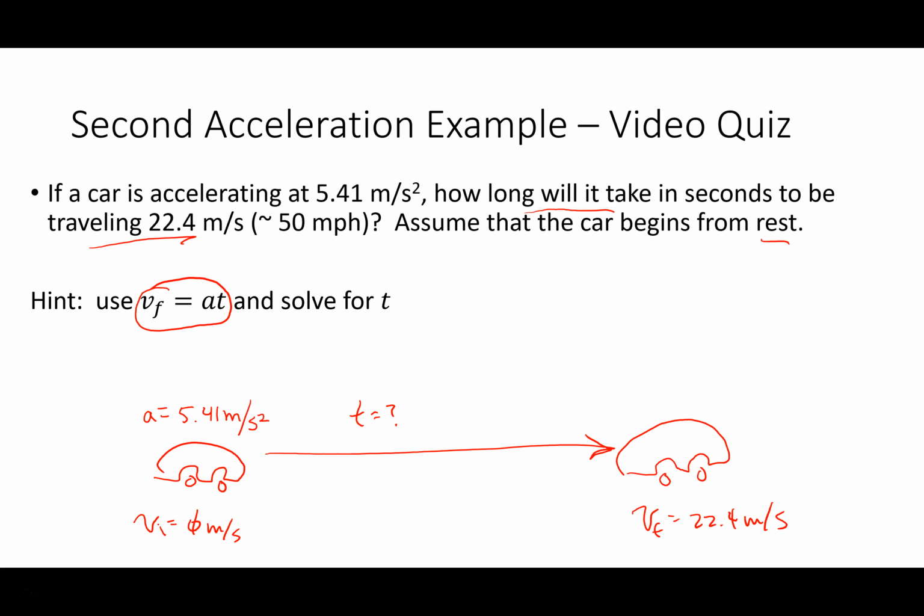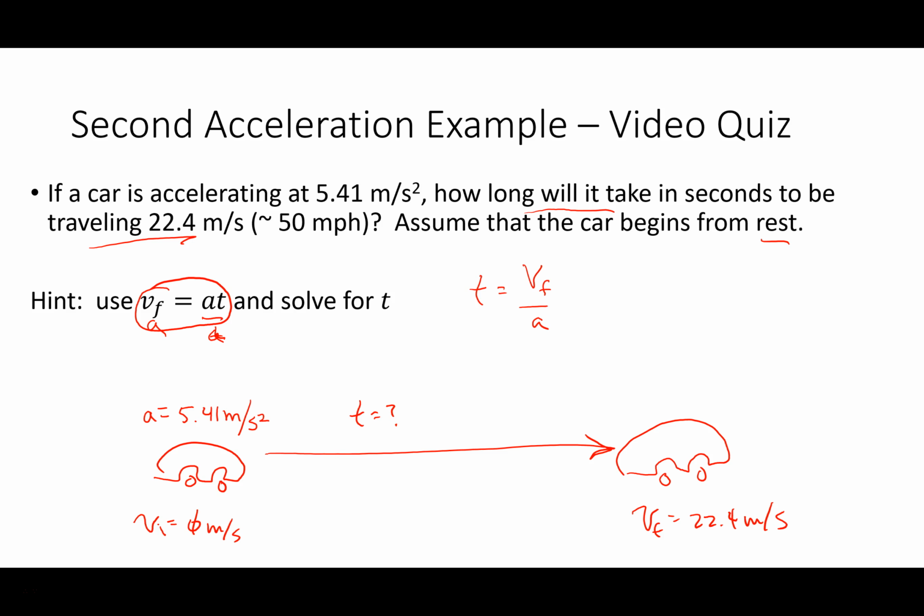So let's see. Looks like we need to rearrange for t. Does that sound right? Is this what we did last time, or was it different? Divide by a. It is the same thing, isn't it? So a little bit ago we got t is equal to final velocity divided by acceleration.